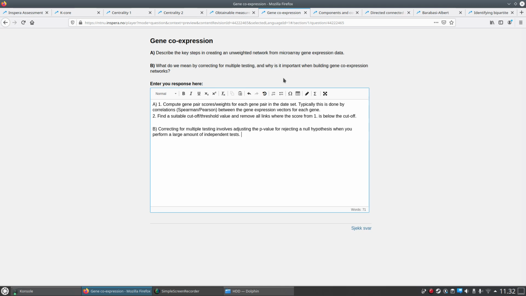And when you compute 200 million scores, some of those are going to be almost perfectly correlated if you have very few samples. For instance, if you have 6 measurements per gene, the chance of 2 completely independent sequences of 6 numbers being perfectly correlated, even though they're generated at random independently from each other, is 1 in 6 factorial, which is 720.